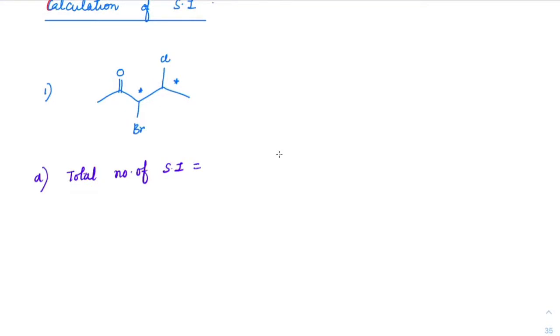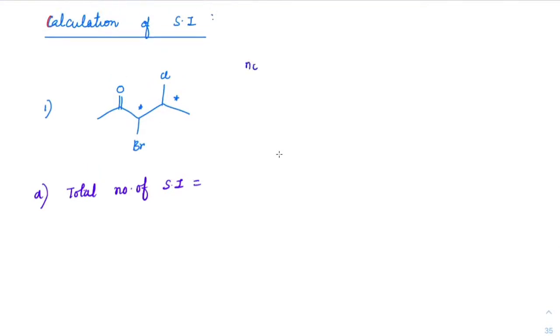Take this question. We will calculate the entire analysis of stereoisomers. For that, you always need to find out the number of stereogenic centers. What are stereogenic centers? Number of pi bonded geometrical isomers plus the number of chiral centers.